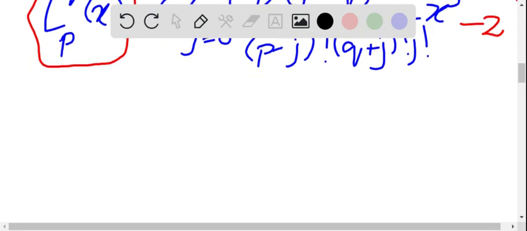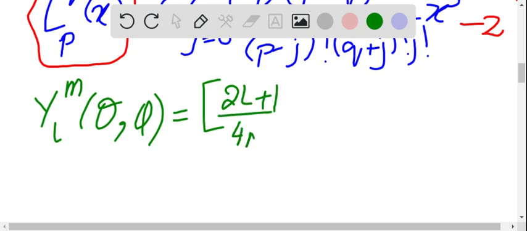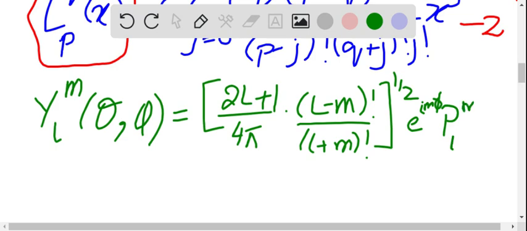Now we will write an equation for Y, that is the spherical harmonic. So Y sub L raised to power m of theta phi is equal to the square root of (2L plus 1) divided by 4 pi into (L minus m)! divided by (L plus m)!, times exponential i m phi, P sub L raised to power m of cos theta, right?